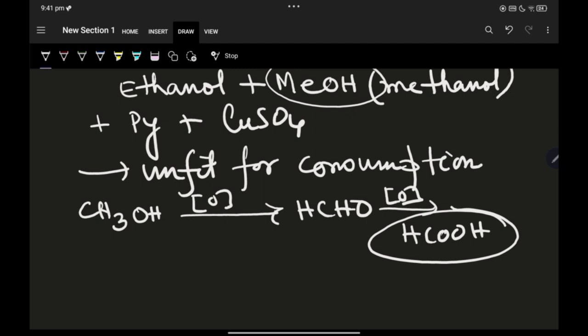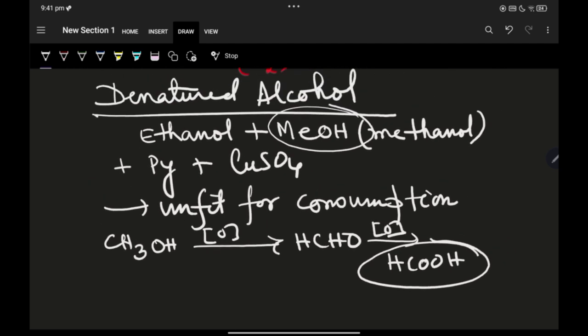So if a patient at all consumes denatured alcohol, what is to be done?